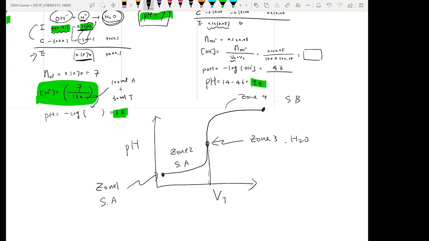In the beginning, in your zone 1, all you have is a strong base solution, right? Therefore, you should expect your pH to be larger than 7, close to 14.